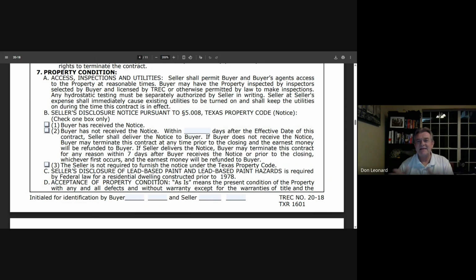But the reason they identify it that way is because they don't want somebody's brother-in-law coming out and doing a so-called inspection on the property and calling a whole bunch of stuff that just doesn't even make any sense. It has to be somebody who is actually licensed by TREC.